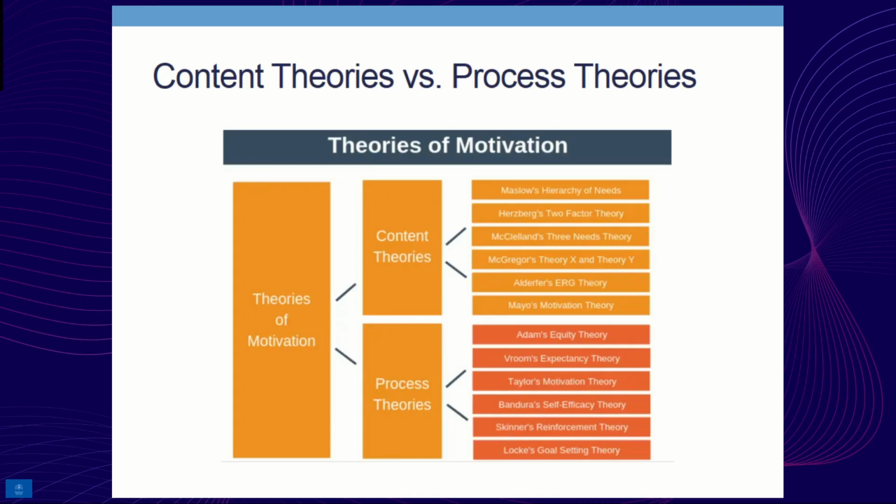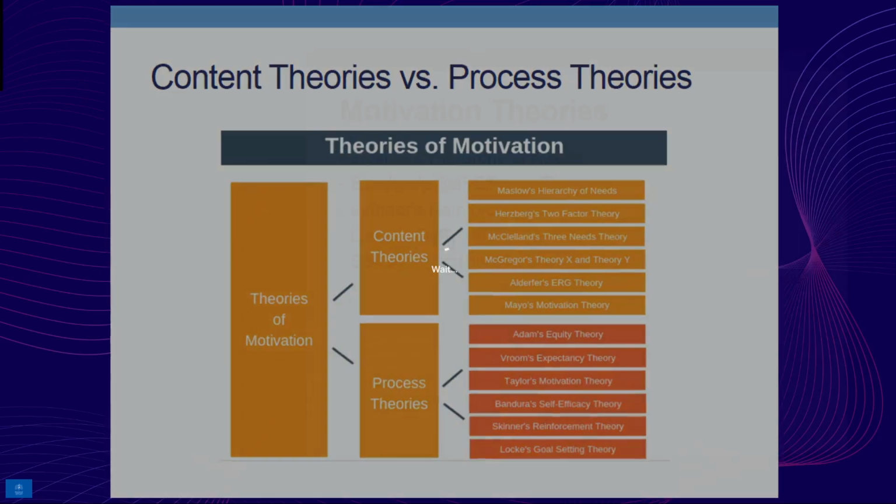The main process theories of motivation are Skinner's reinforcement theory, Vroom's expectancy theory, Adams' equity theory, and Locke's goal-setting theory. The diagram below shows how the different motivation theories fit within the scheme of things.